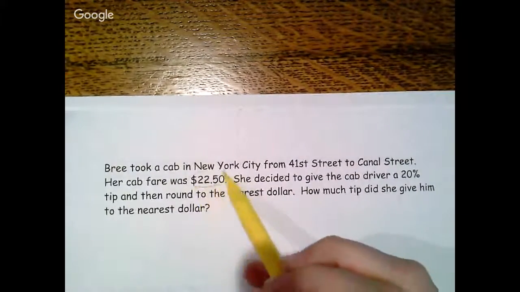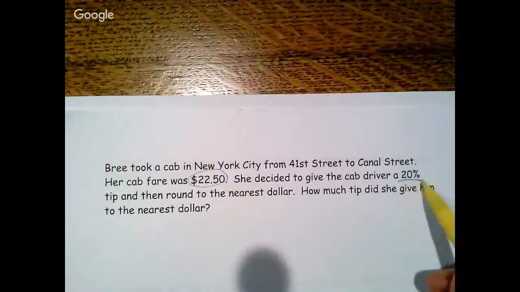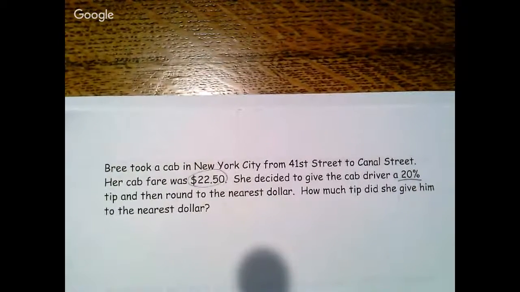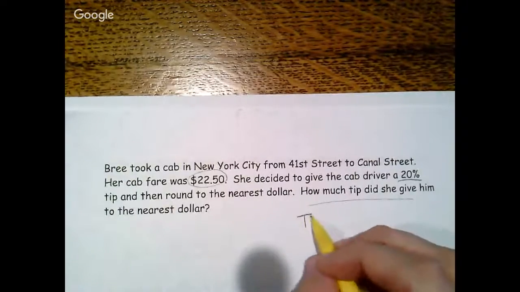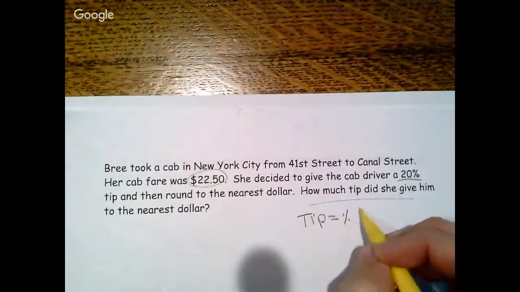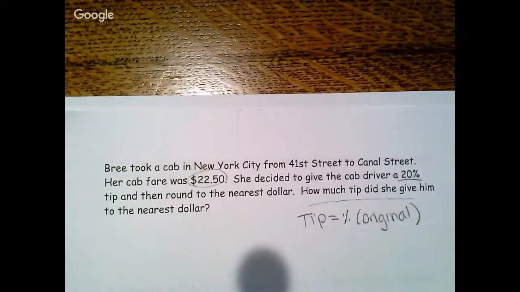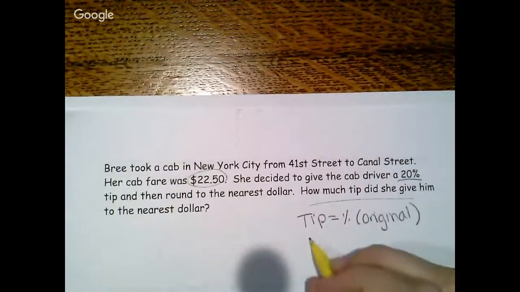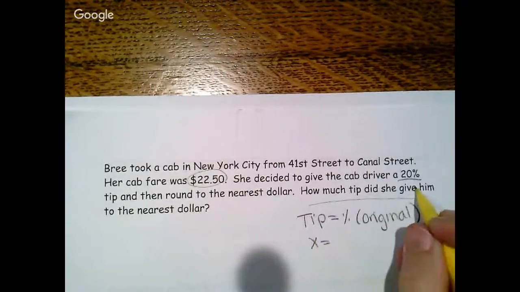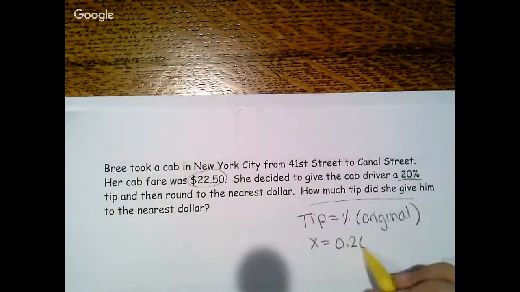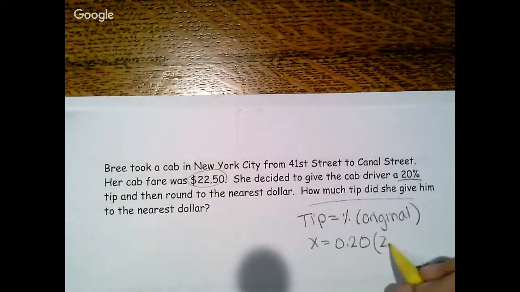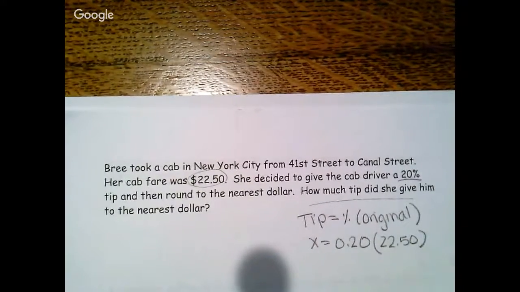All right, so it looks like her cab fare was $22.50 and she decided to tip 20%. How much did she give him to the nearest dollar? So I need to write down my equation for tips. Remember, tip equals my percent times our original. Our tip, we don't know how much that is, so we're just going to put X equals, well, my percent is 20%, but as a decimal, that's 0.20 times my original, $22.50.